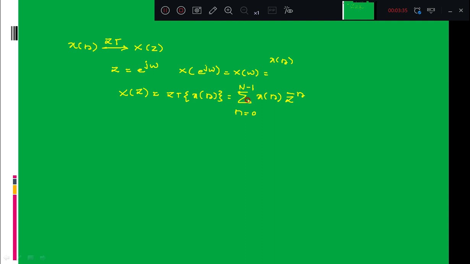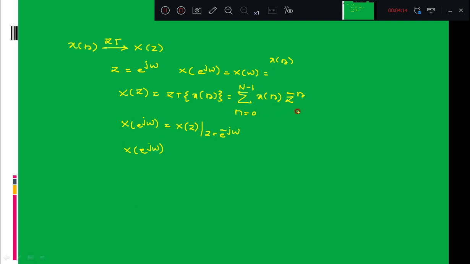So then how to get a discrete Fourier transform by knowing the Z transform definition. The DFT of the sequence x of n is given by X of e raised to j omega, which can be obtained by evaluating X of z at z equal to e raised to j omega. Therefore, the Z transform equation can be modified as X of e raised to j omega.